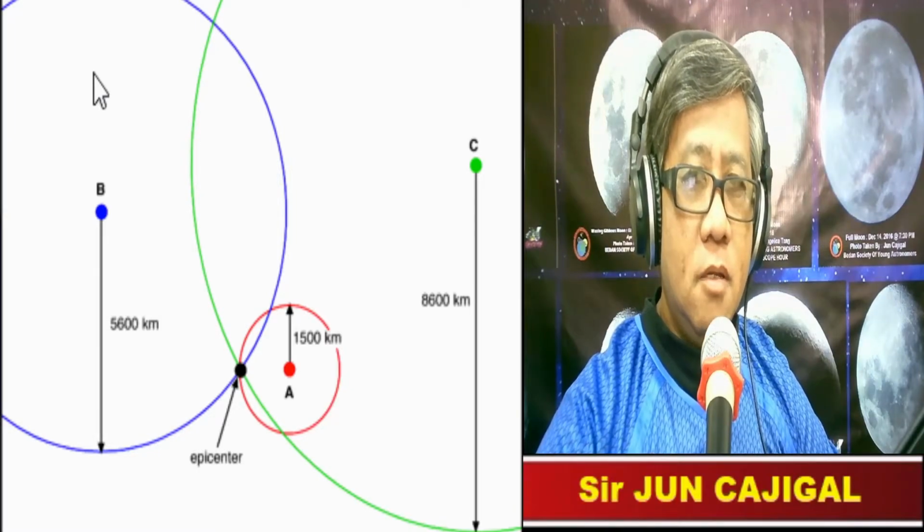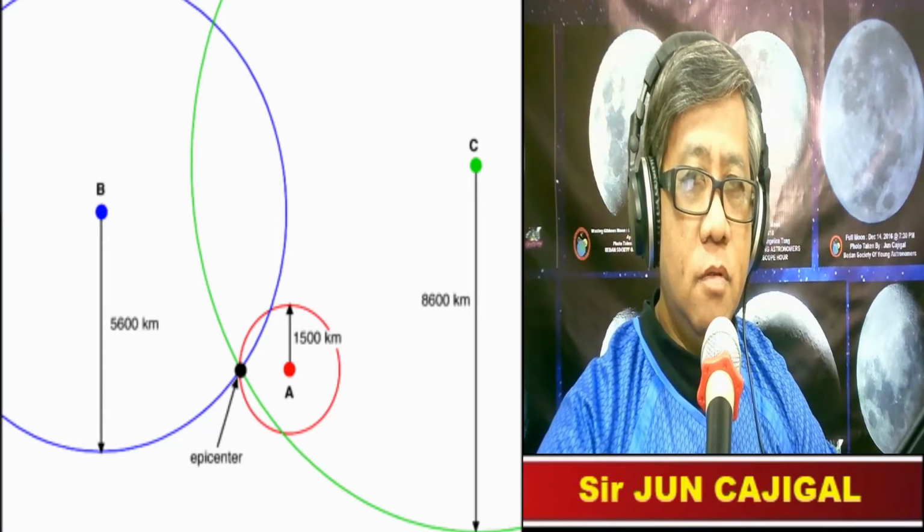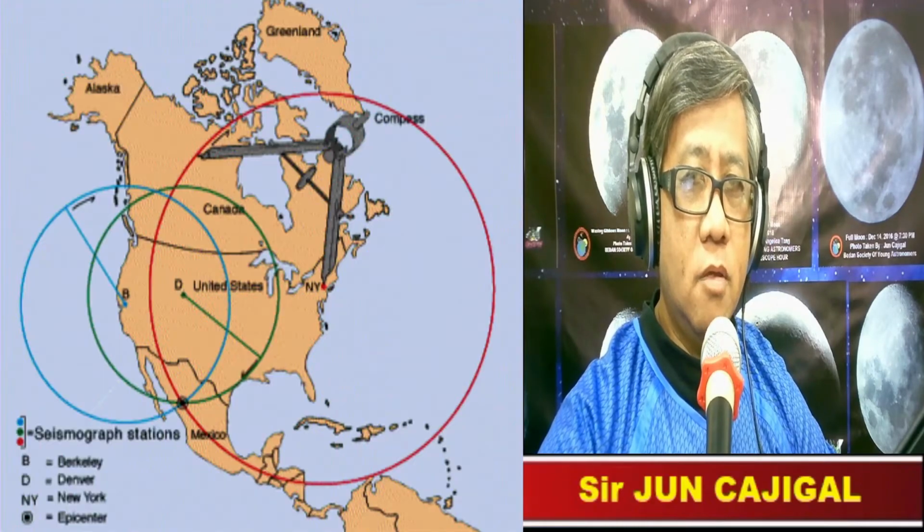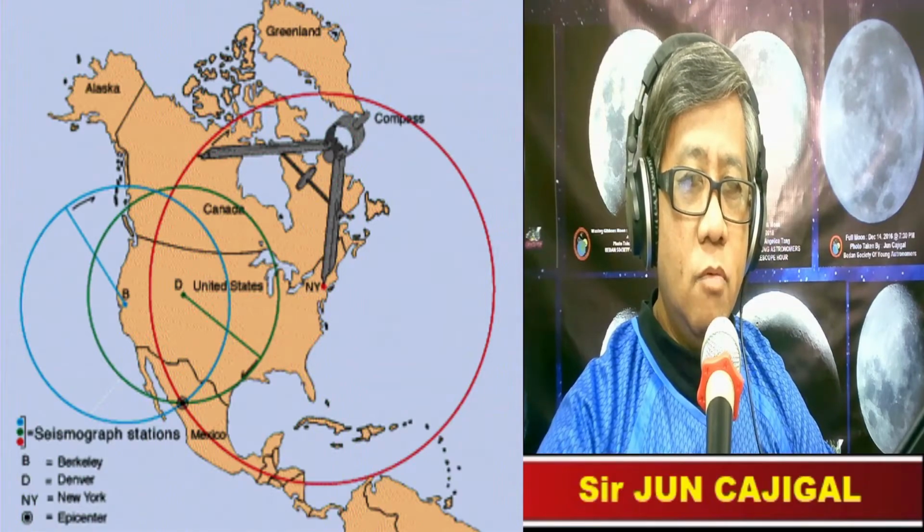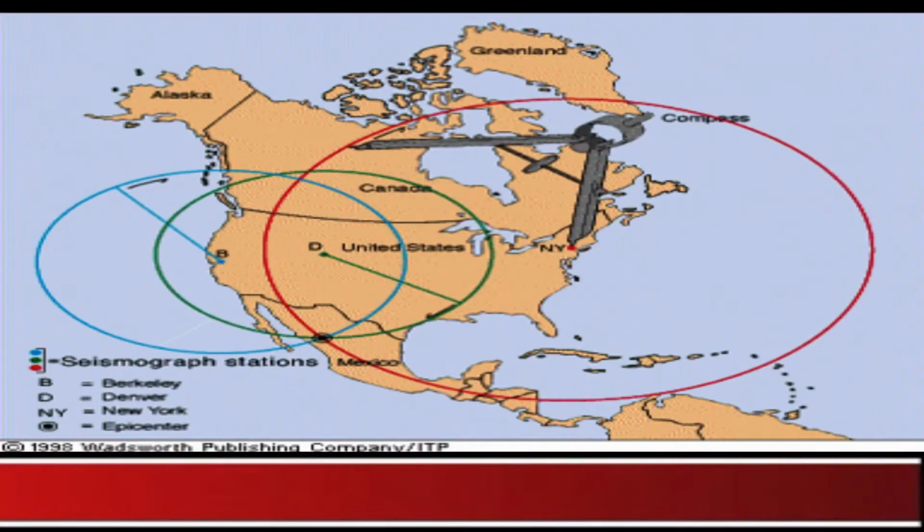Now, let's take a look at this example to further illustrate the procedure called triangulation. Let's consider this map of the United States, and imagine that there was an earthquake that occurred in the United States. In the triangulation method, we need at least 3 seismic stations to triangulate the epicenter.